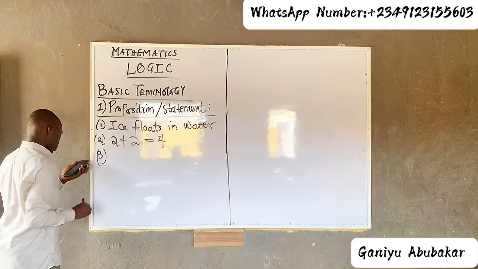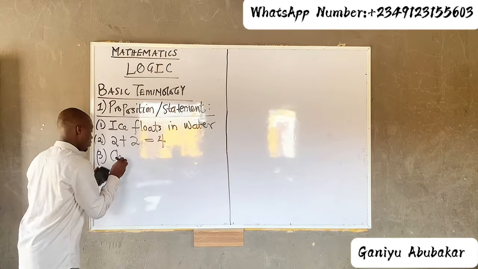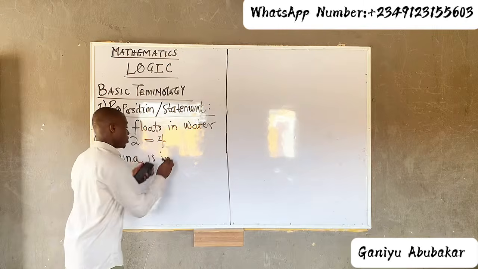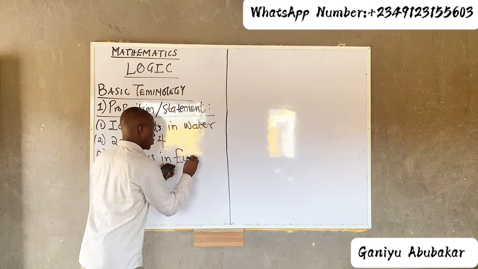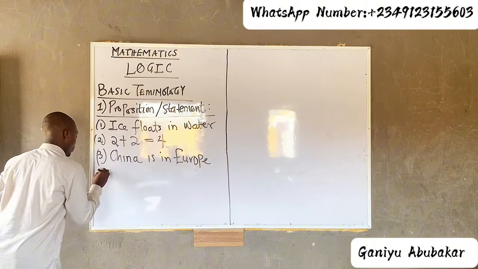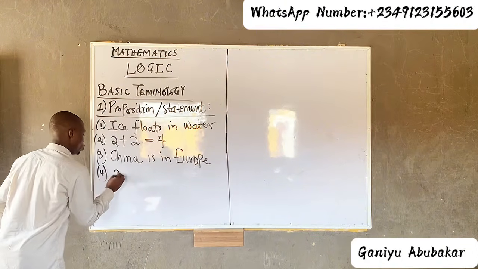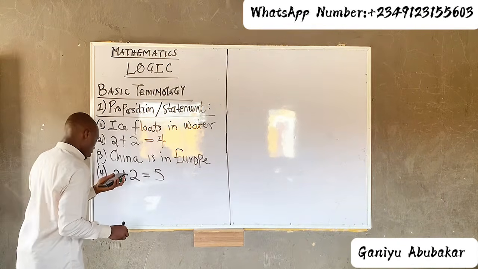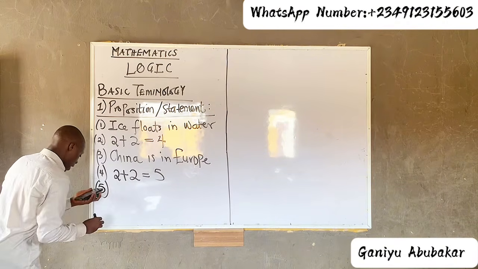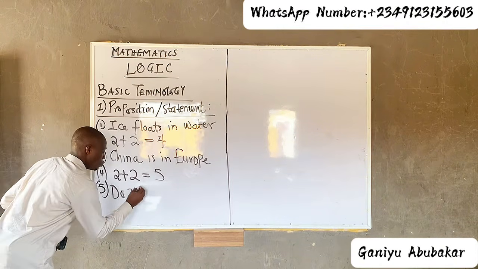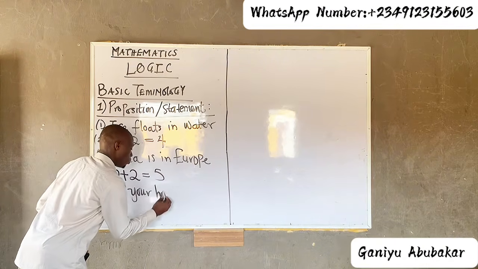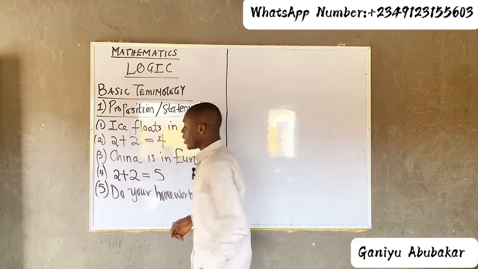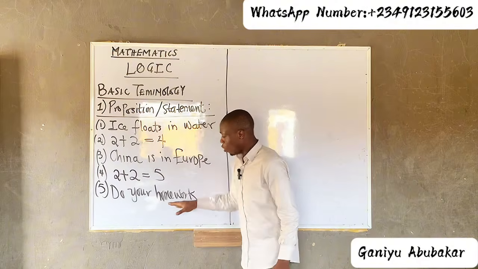Number three, China is in Europe. Number four, 2 plus 2 equals 5. Number five, look up please, look at this number five: do your homework.